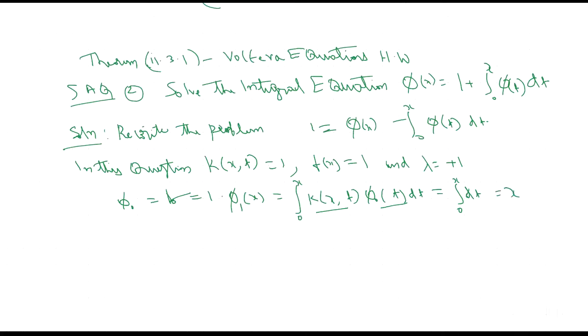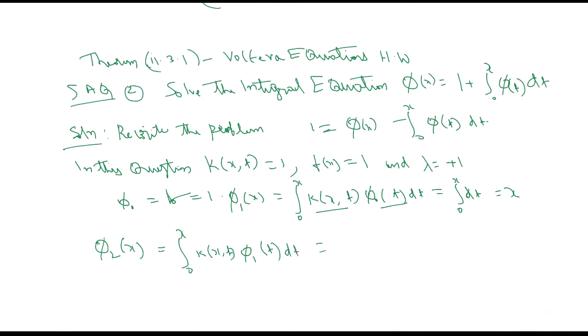So phi 2 of x equal to integration 0 to x K(x,t) phi 1(t) dt.